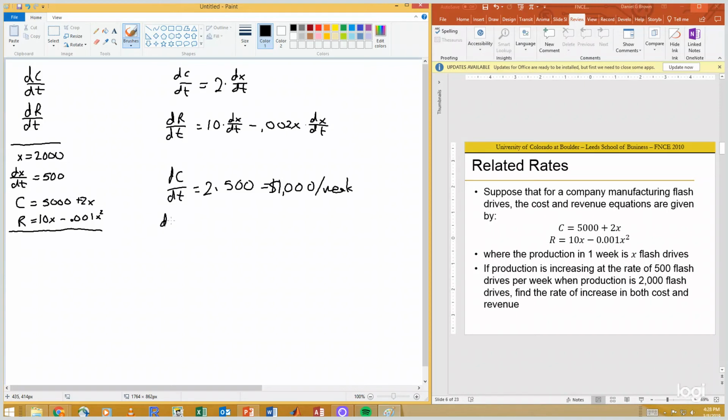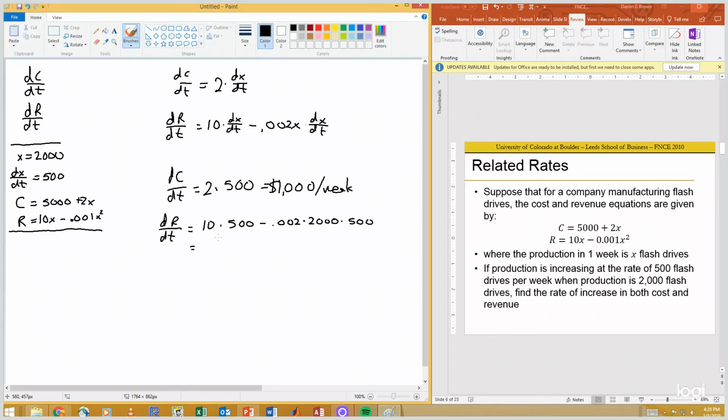My revenue, on the other hand, is changing. Let's see, 10 times dx/dt, so that's 10 times 500, minus 0.002 times x, x was 2,000, times dx/dt, which again is 500.